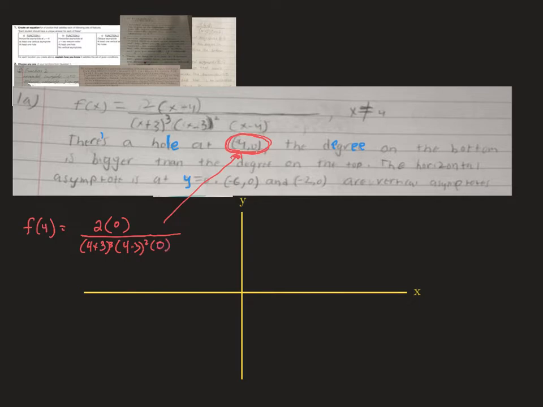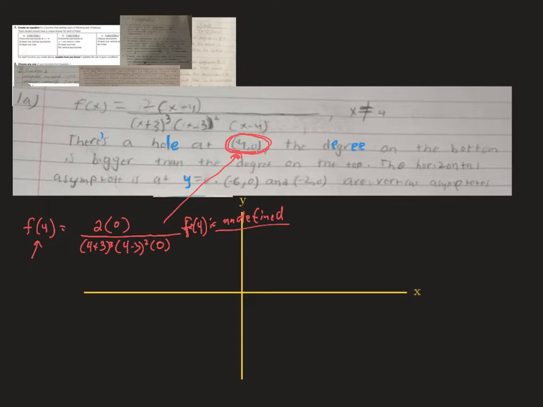And so we're going to have 0 over 0. Well, that's undefined. So f of 4 is undefined. You can't plug in, you can't get f of 4. It just can't be done. So that's not how we're going to do it.